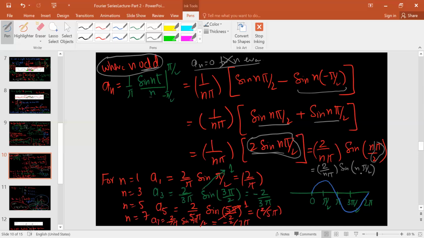So it means that all the arguments of the sine are multiples of pi by 2. So here the big lesson that we are going to learn is, so here is, so an is 2 over n pi, and sine n pi by 2.